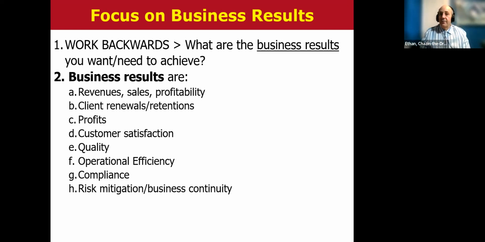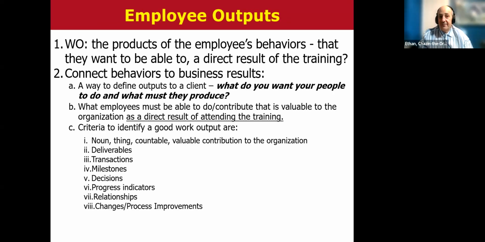And then the big ticket item is business continuity risk management, especially in a post-COVID, post-global pandemic world where we and our clients and vendors and suppliers are connected globally. We want to talk about mitigating or reducing risk. Those are the kinds of business results that we're working backwards from at the high level, your organization's highest level, that trickle down to the next two levels, which are your leadership team down to management, and then all the way down to your client-facing staff.